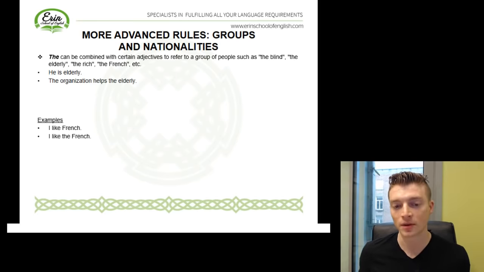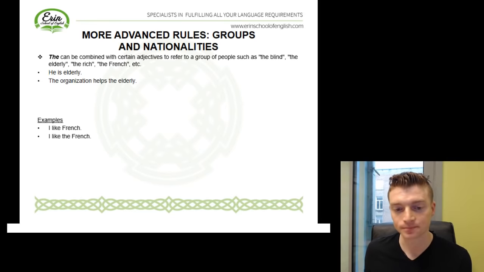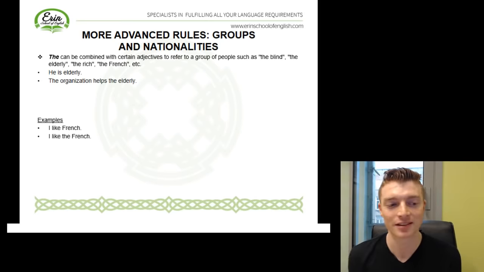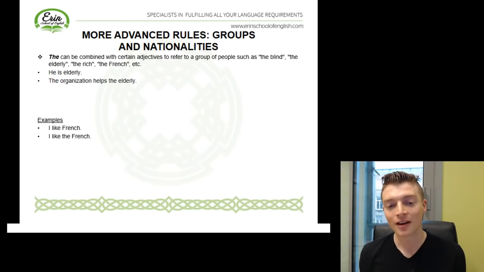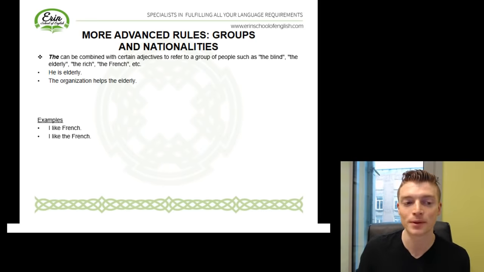How would we interpret the meaning here? I like French. A native speaker would probably understand that this person is talking about the French language. Okay, I love English. We're talking about the language. However, in the second sentence, I like the French. We're now talking about the group, the nationality, the French people.